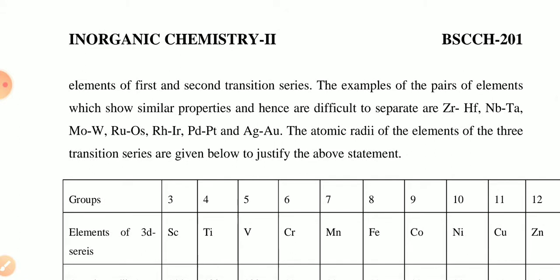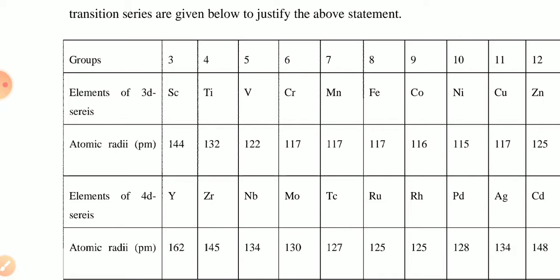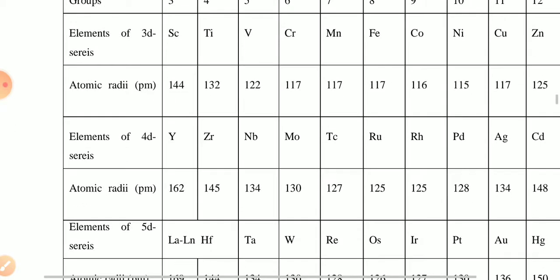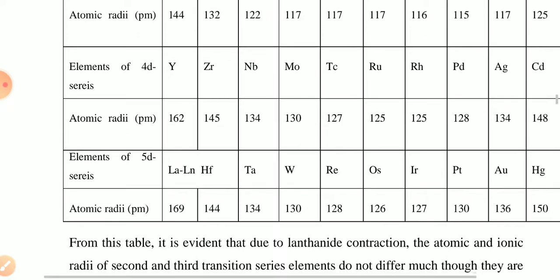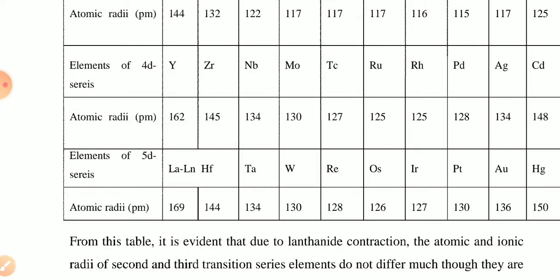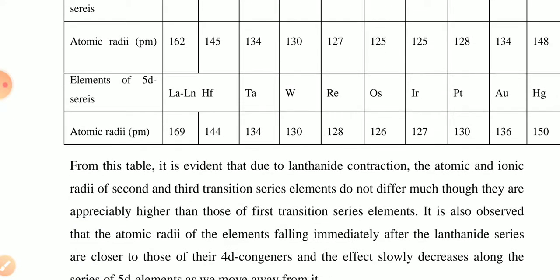You can see here the atomic radii of the 3d transition series elements, the 4d series, and the 5d series, with the lanthanides from lanthanum to hafnium.